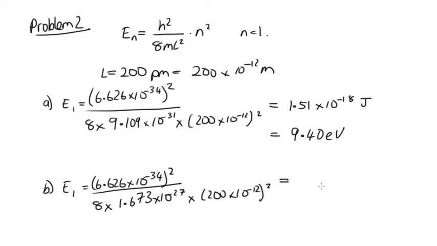And solving this, we get 8.20 times 10 to the minus 22 joules. And then if we want to put it into electron volts, we just divide by 1.602 times 10 to the minus 19, and we get 5.12 times 10 to the minus 3 electron volts.